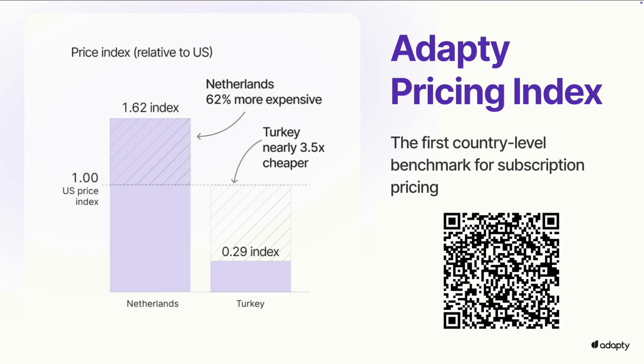So, for example, it was pretty unexpected for us that subscription price in Turkey is almost 3.5 times cheaper than in the United States. And in Netherlands, for example, it's almost 1.5 times more than that.